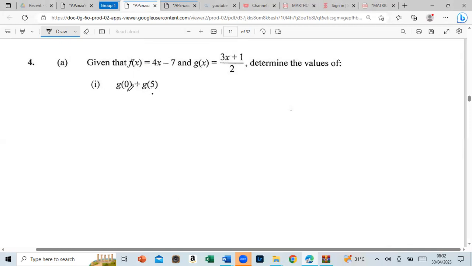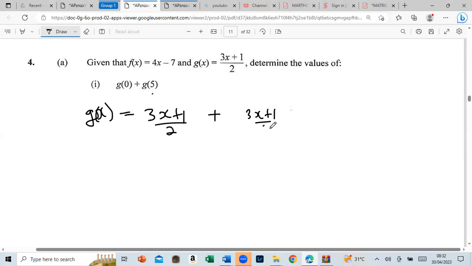All right, so let's go. So we have G0. We're going to just substitute. Let's rewrite it first. G of x is equal to 3x plus 1 over 2, plus 3x plus 1.